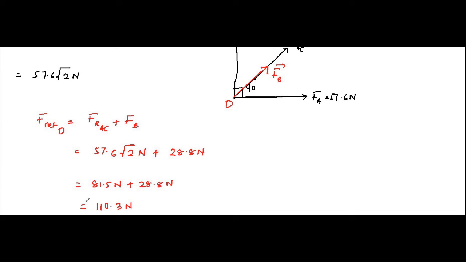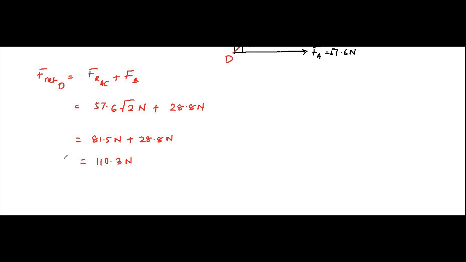So the net force acting at point D because of all the other charges placed at the remaining three corners is equal to 110.3 Newton.